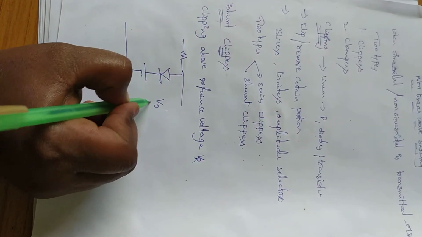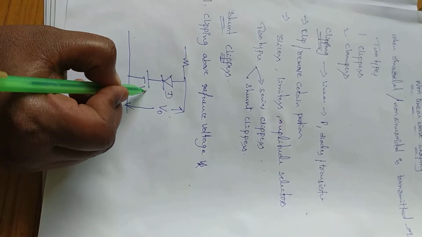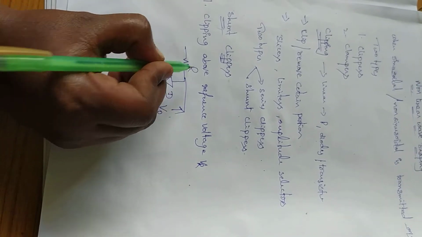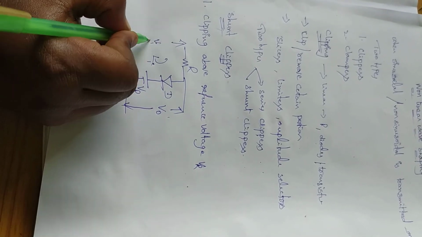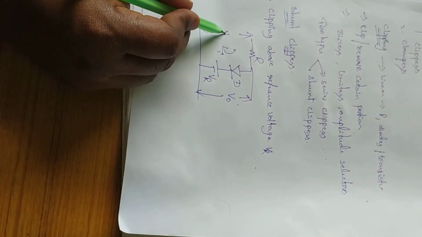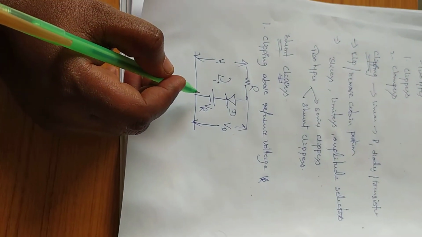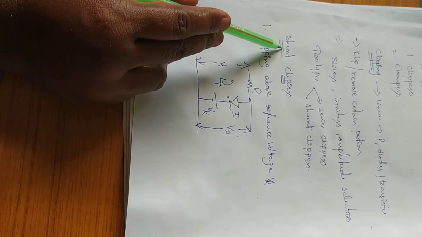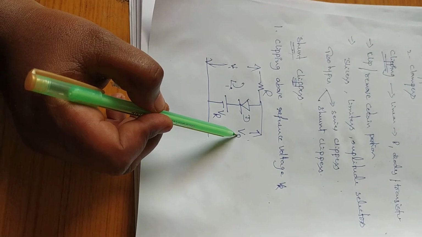This is the output signal, diode, reference voltage, resistor, current is I. This is the input signal. Here Vi is the input signal, V0 is the output signal, VR is the reference voltage. Shunt clippers means the diode is in parallel with the load.